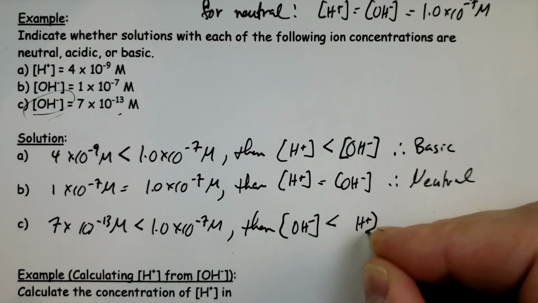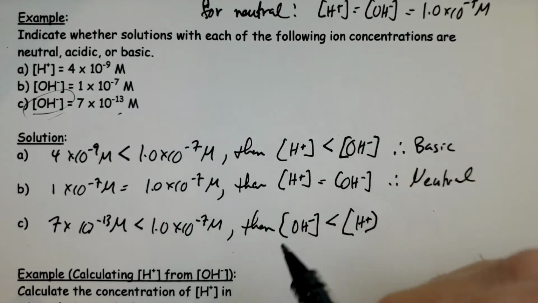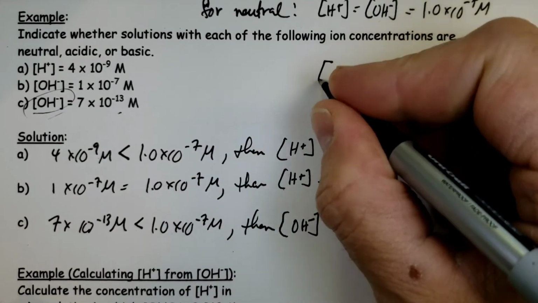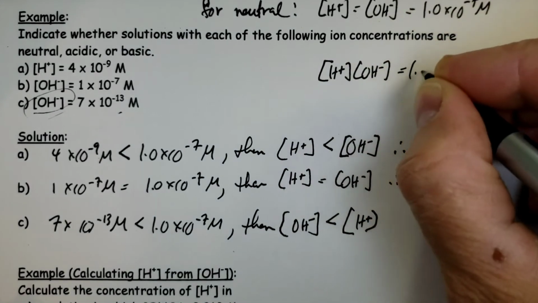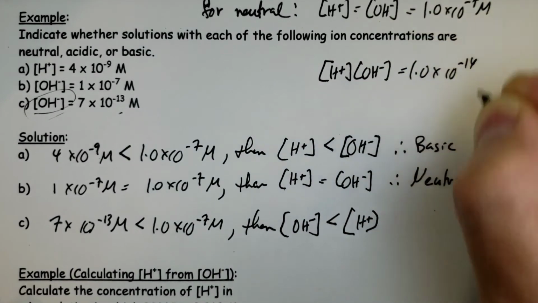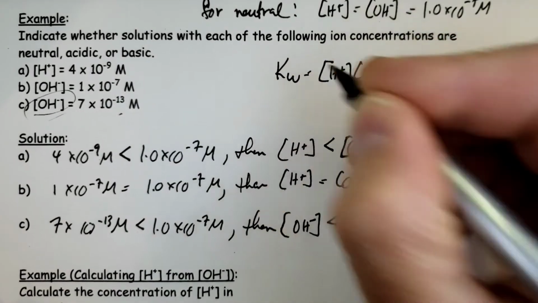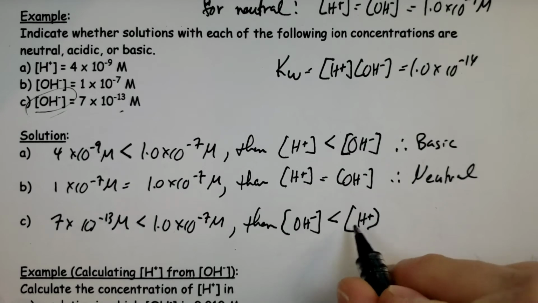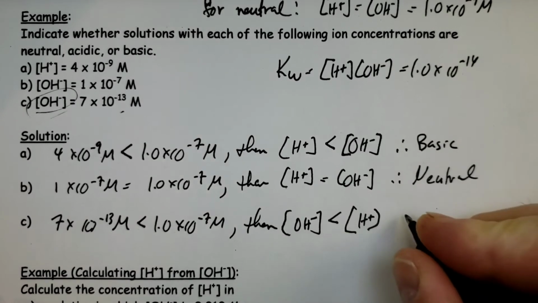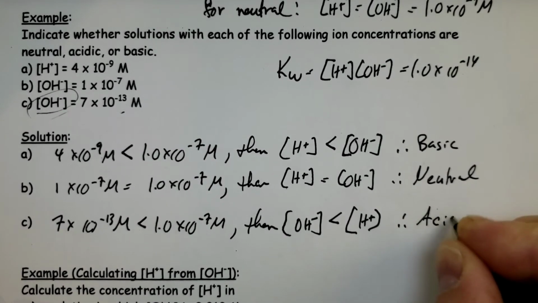So [H+] has to be really large to compensate for the low amount of [OH-], because we know that they must multiply to give us this as a Kw at 25 degrees C. So [OH-] is less than [H+], or I can read this as [H+] is bigger than [OH-], therefore acidic.